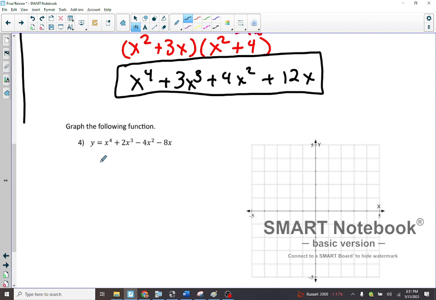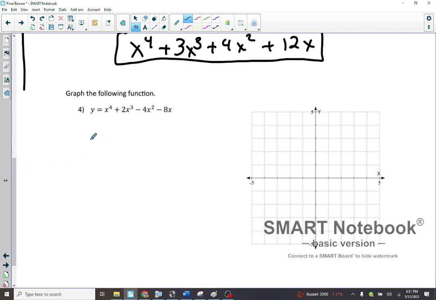Next one. We're going to graph the following function. In this case, the best thing to do is first find the zeros. So we're going to factor out x. And we got x cubed plus 2x squared minus 4x minus 8. Then, since you have 4 terms, you're going to factor by grouping.